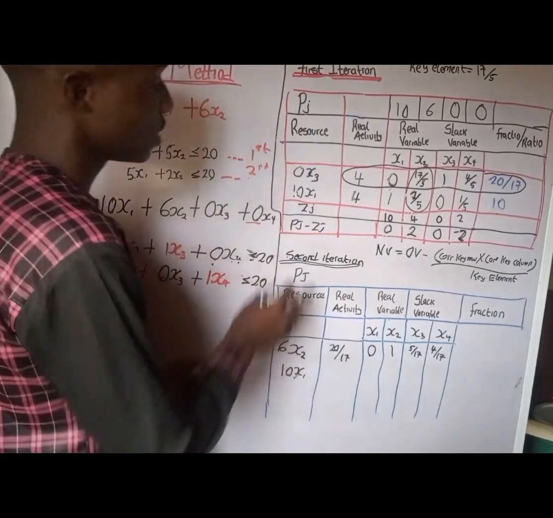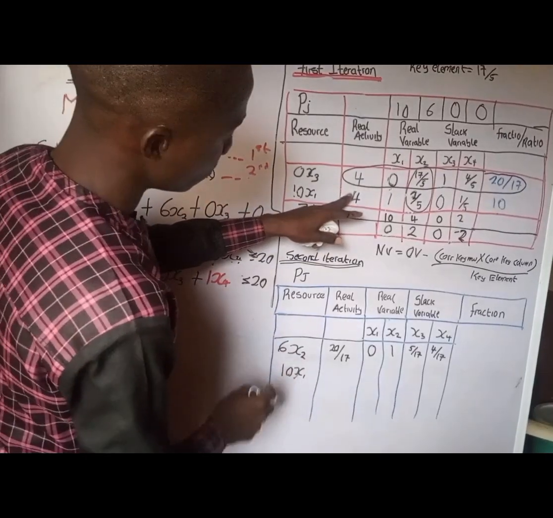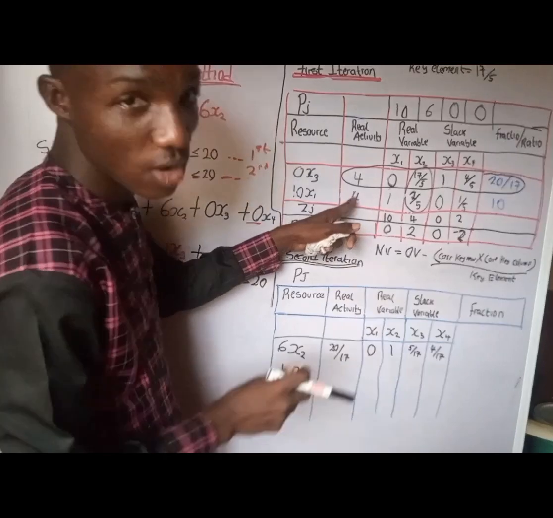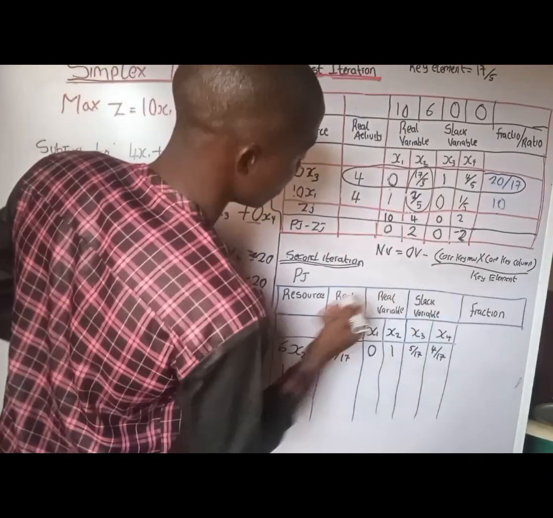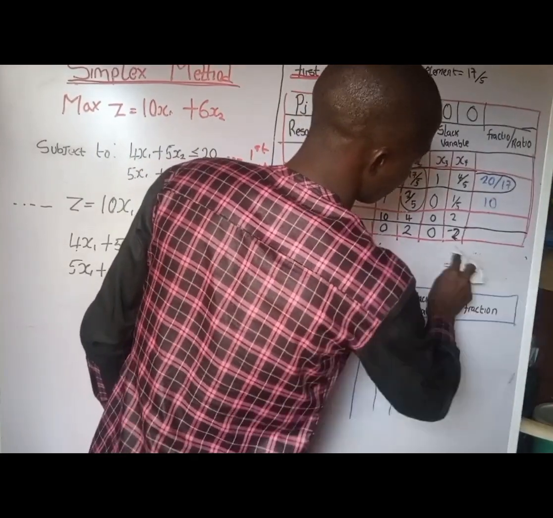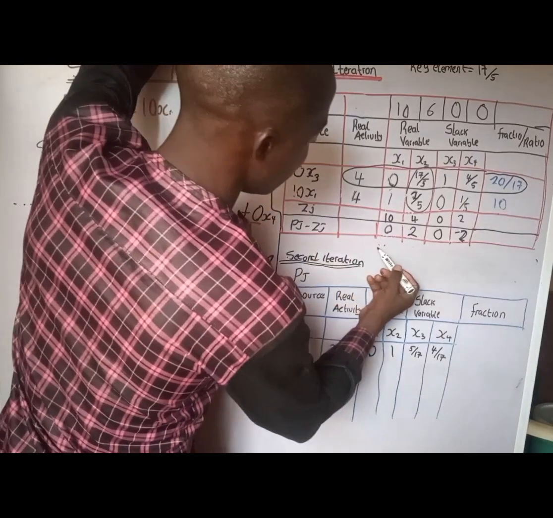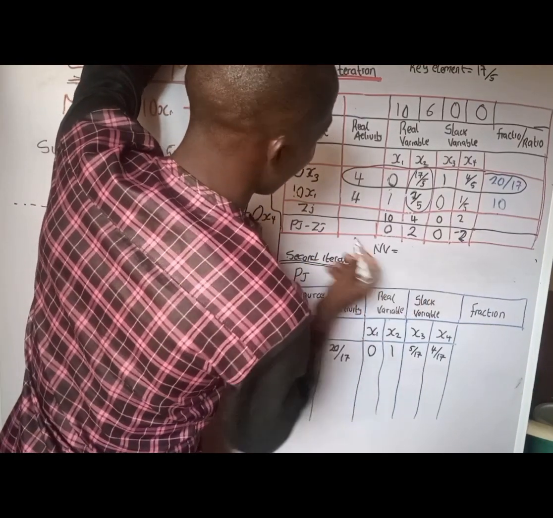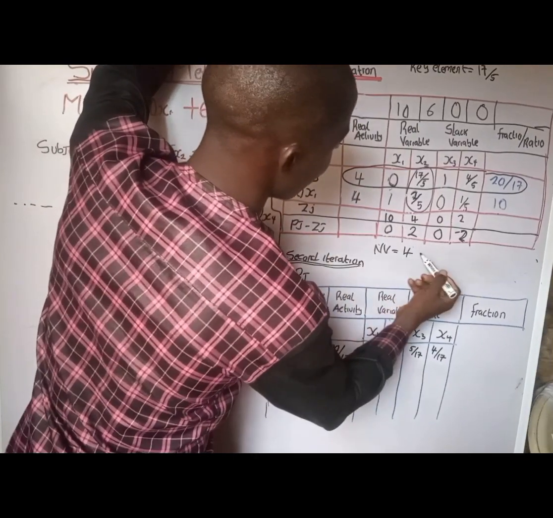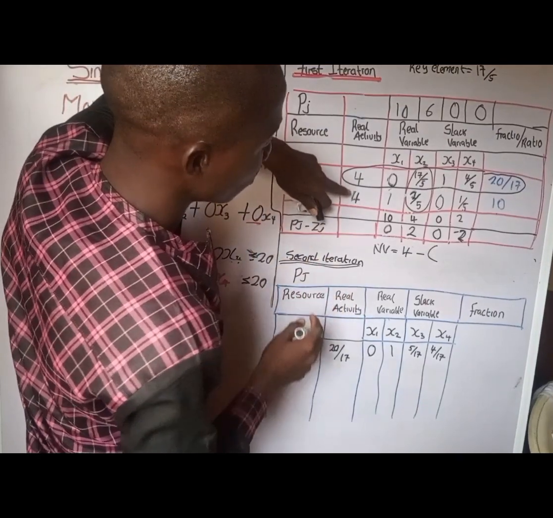Now, if you want to get the new value for x4, the new value will be, let me erase this formula. The new value for x4 will be the old value, which is 4 itself, minus the product of the corresponding key row element.